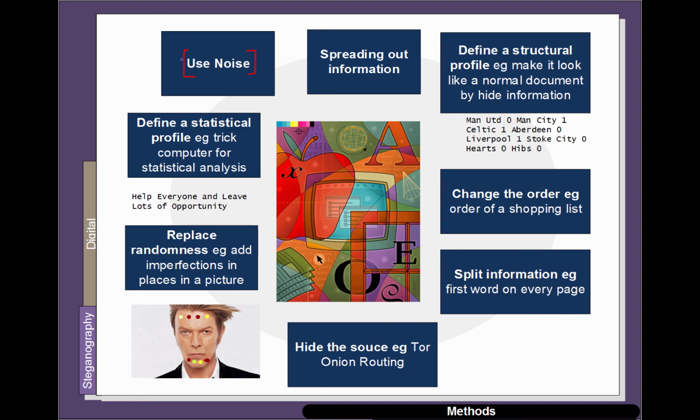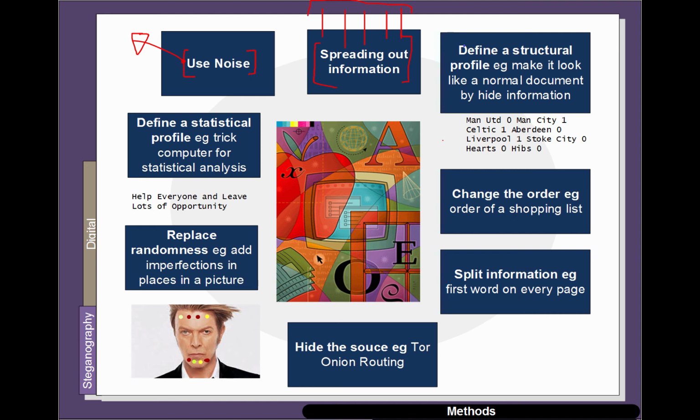So we can add some information into the noise so that it's not seen by the user. We can spread the information out, so we could put a word on every page, and that would all bind together to give us our message.